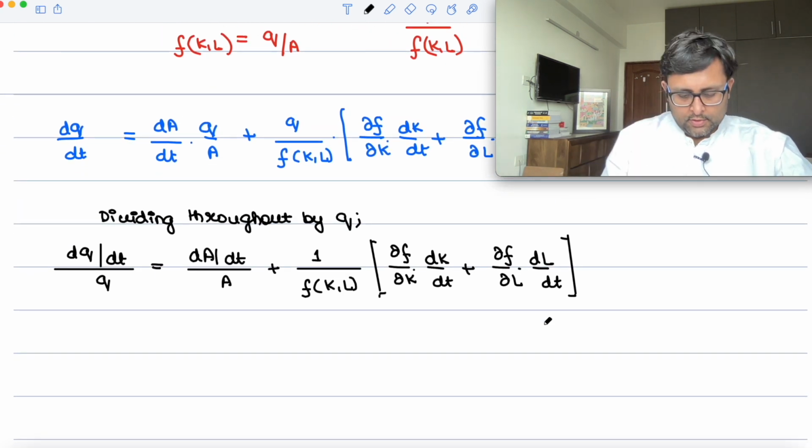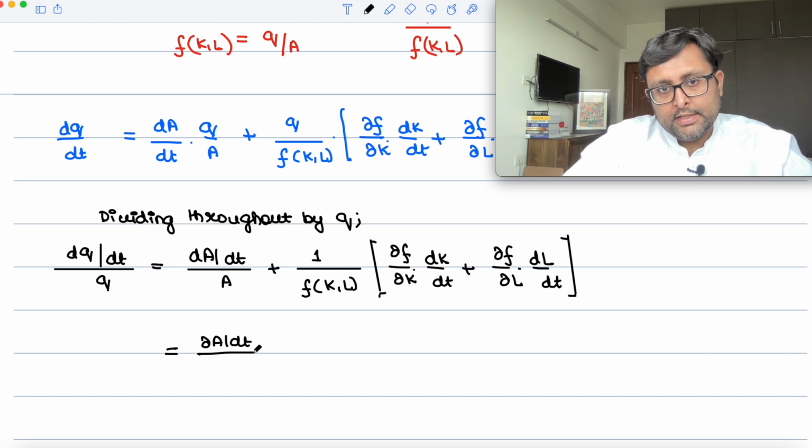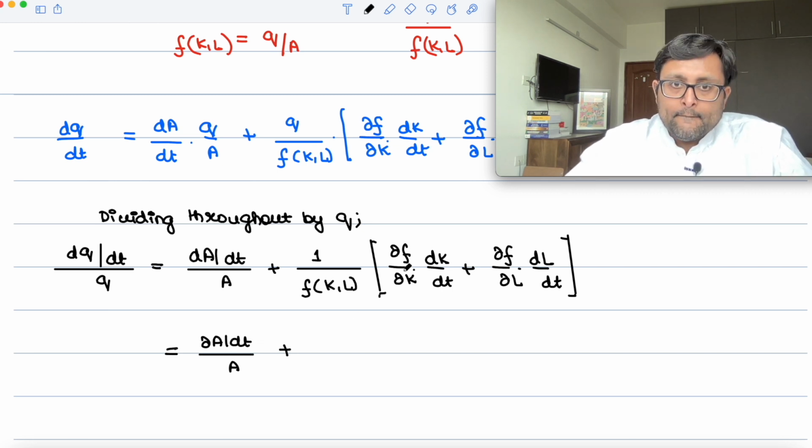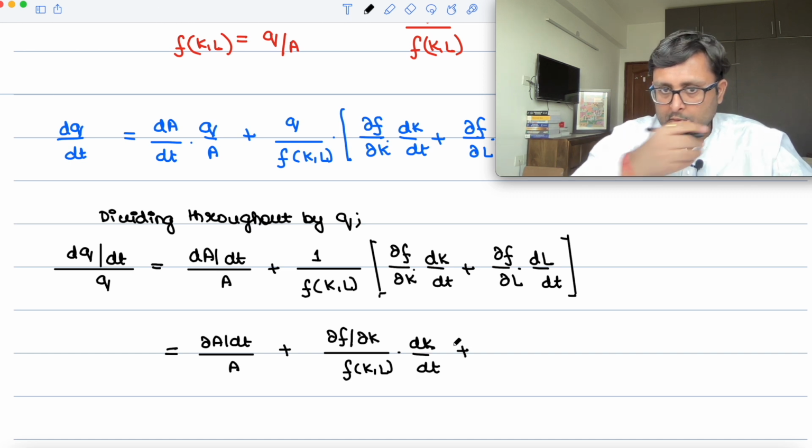You have like this. So how do you write? dA by dt upon A plus. How can I write this? I can write this del f by del k in the numerator upon this f of kl into dk by dt, right?